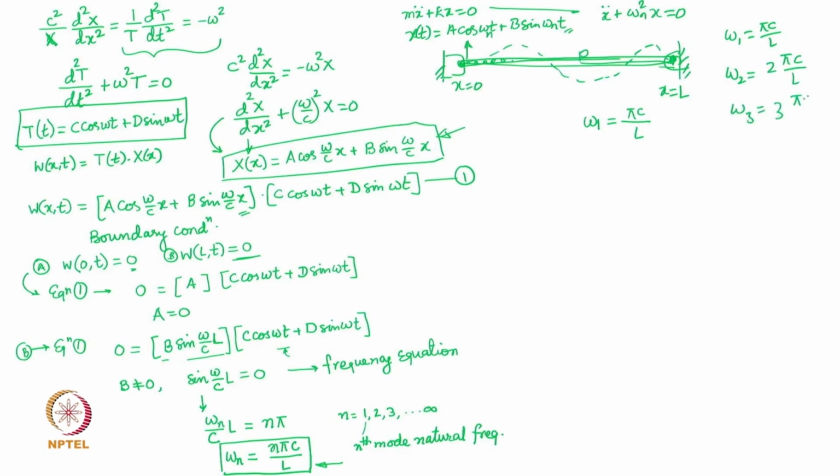It is 3 pi c over L. So essentially the second natural frequency is an integer multiple of the fundamental, the first one. The third one is 3 times the fundamental, and so on. So the natural frequencies are integer multiples of the fundamental natural frequency. That is an important and interesting part of it.